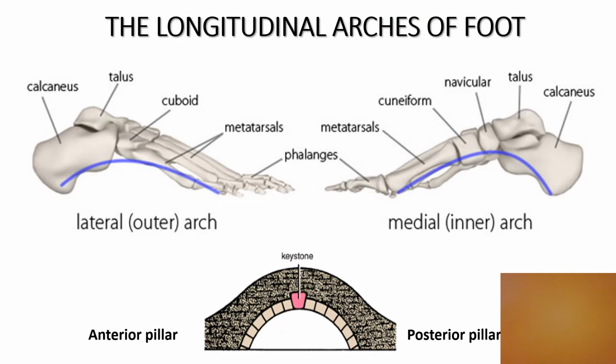The longitudinal arch of the foot, which presents from the anterior points to the posterior points on the medial and the lateral side of the foot, is described as having 3 parts: anterior pillar, posterior pillar, and the top is the keystone, which is the one on the top here. The highest point of the arch is called the keystone.